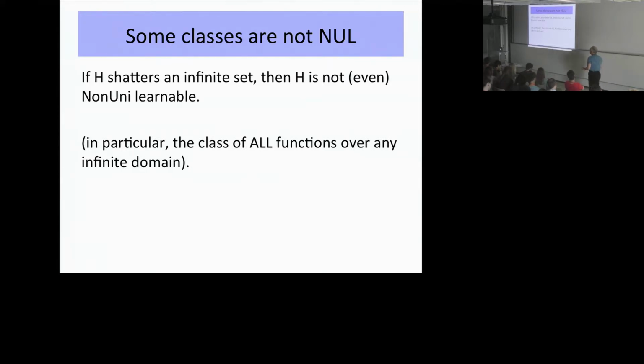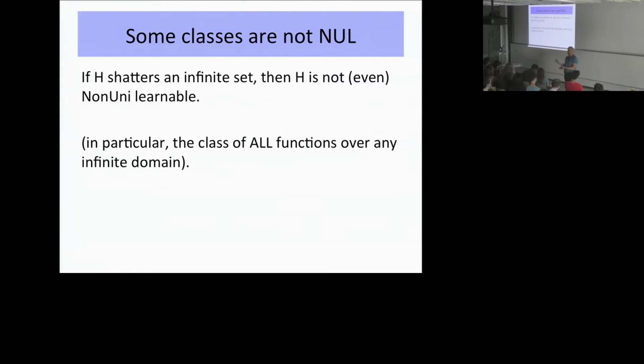But there are, of course, the class of all functions over the natural numbers does shatter an infinite set. Which set does it shatter? The class of all functions over the natural numbers. Which infinite set does it shatter? If I allow all functions over the natural numbers. Yeah, all natural numbers, of course, because I have all functions at my disposal.